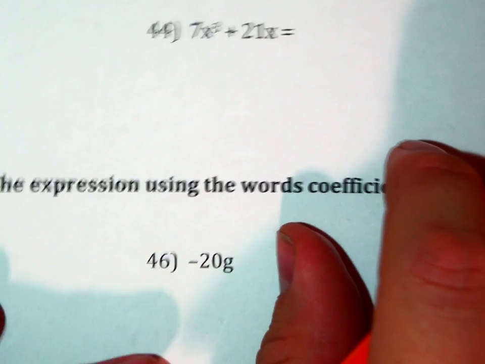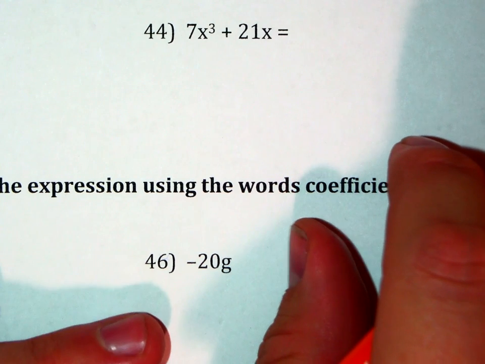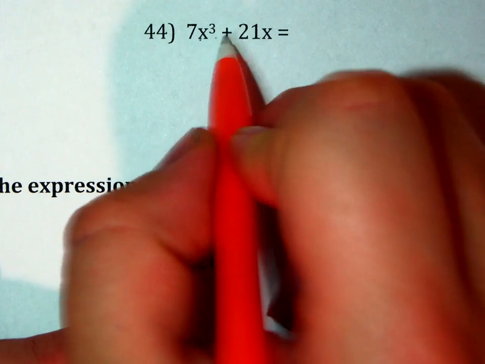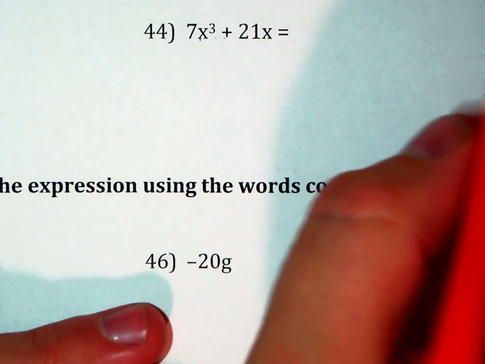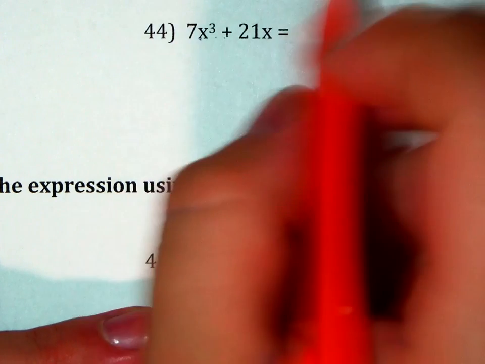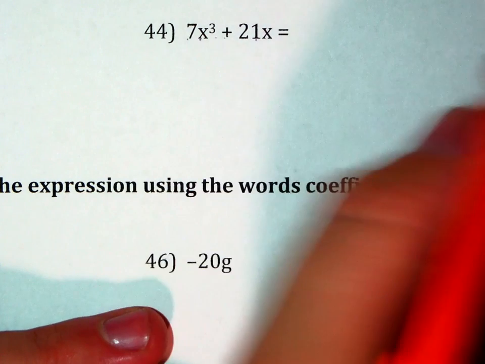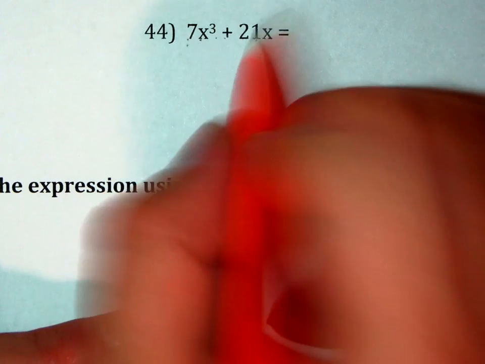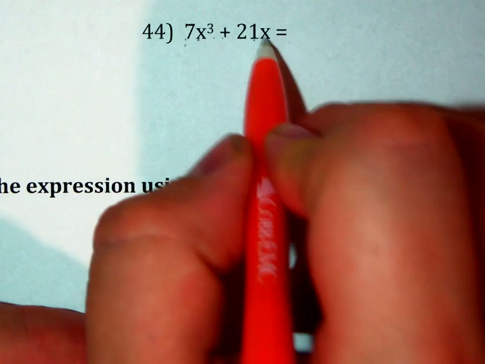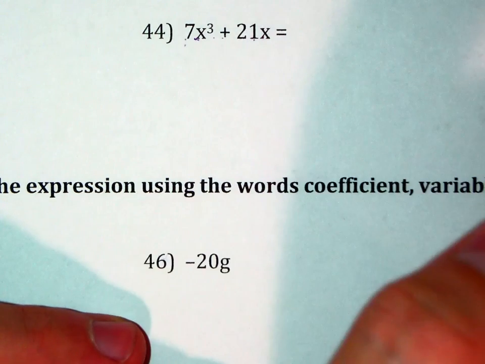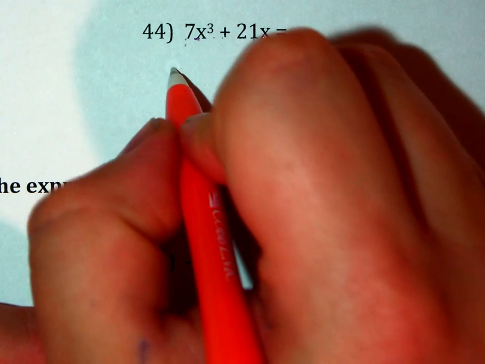Number 44, 7x cubed plus 21x. X cubed basically means I have 3 x's all multiplied together. So my common GCF would be 7, goes into both of my numeric terms. But then I also have at least 1x on both sides, so I'm going to pull out a 7x.